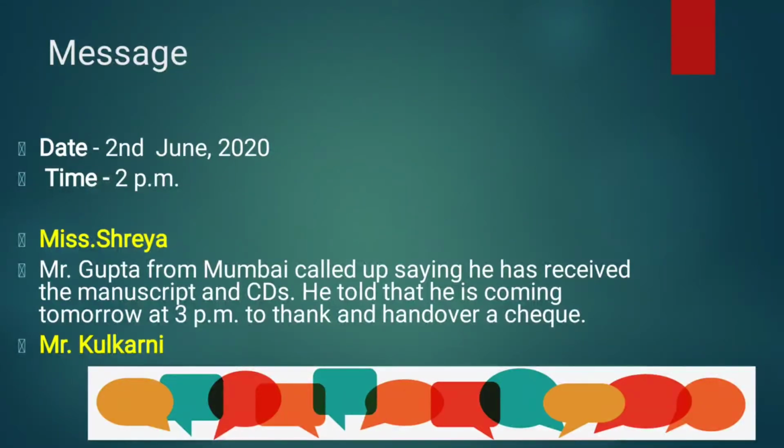He told that he is coming tomorrow at 3 p.m. to thank and hand over a check. Mr. Kulkarni. So, in this way, using simple words, simple language, and without addition of any other information, we have drafted this message. In this way, you have to draft a virtual message.